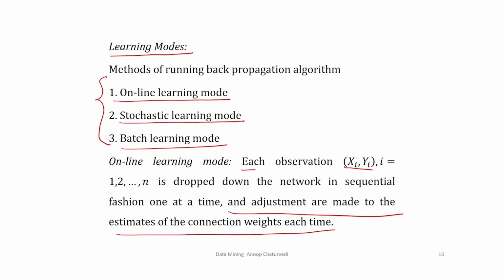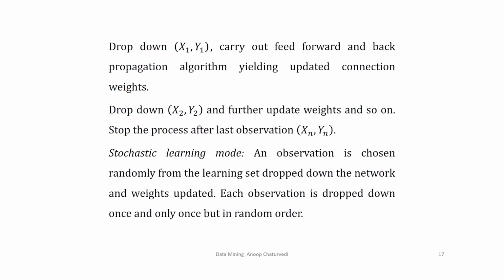So basically we are dropping down the observations one by one in sequential fashion, and we adjust the estimates of the connection weights each time. This is how we work.